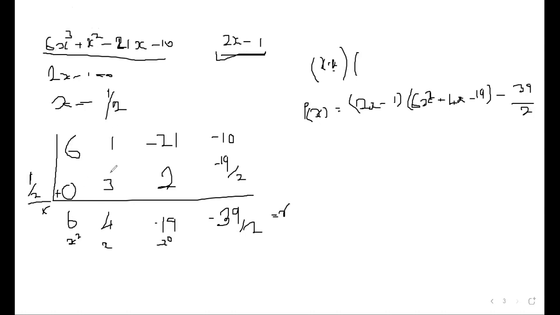Just follow this procedure: when you add, you multiply the sum by the factor, then add it to the next available coefficient, until you reach this point. Then your quotient is actually 1 degree lower than the polynomial you were dividing. Is that clear? Or maybe we need another example.